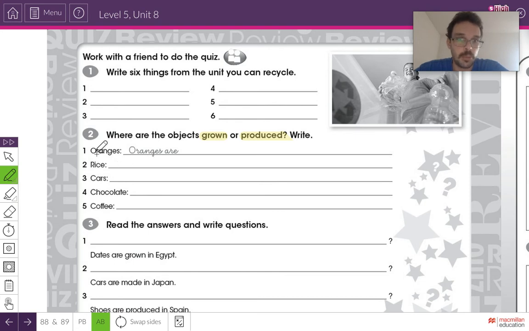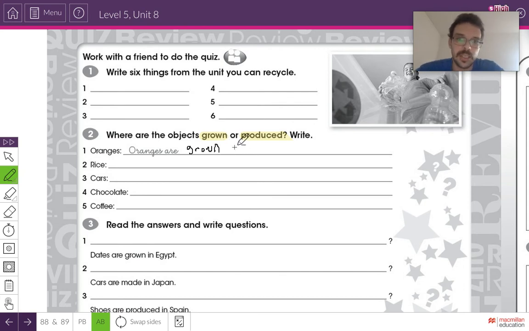If we look at number 1, it says oranges. It says, where are the objects grown or produced? And we can write. So oranges, that's a fruit, right? So I'm going to say oranges are grown, okay, and you remember where they're grown?